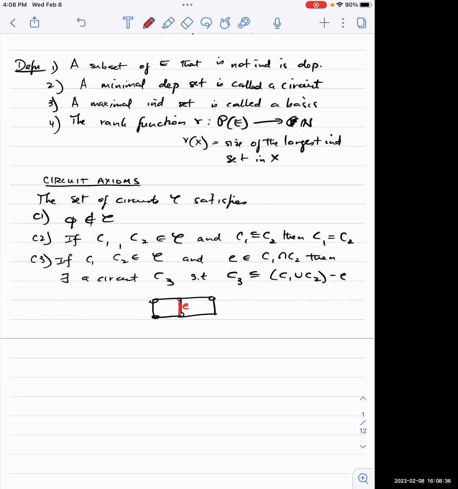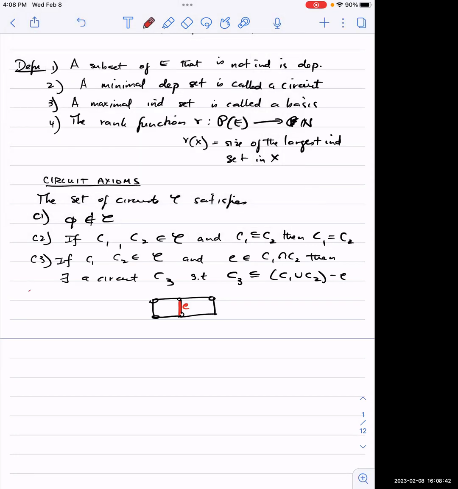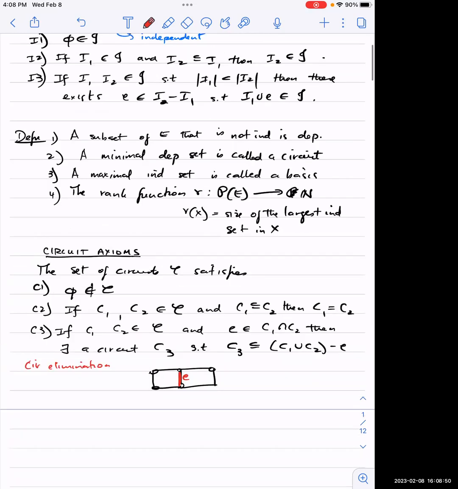And this is called the circuit elimination axiom. So you just sort of call it this, circuit elimination, and this is the independence augmentation axiom.